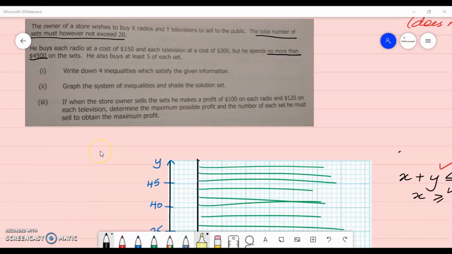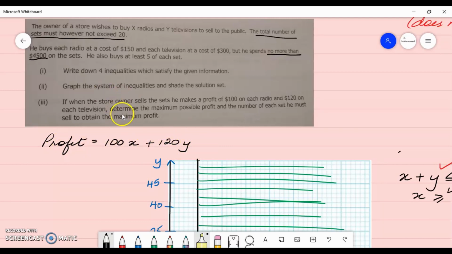So what I will do is write a statement for our profit. Our profit is going to be $100 on each radio that he sells, and remember the number of radios he sells is x, and $120 profit on each television that he sells. So the total profit is going to be 100x plus 120y.